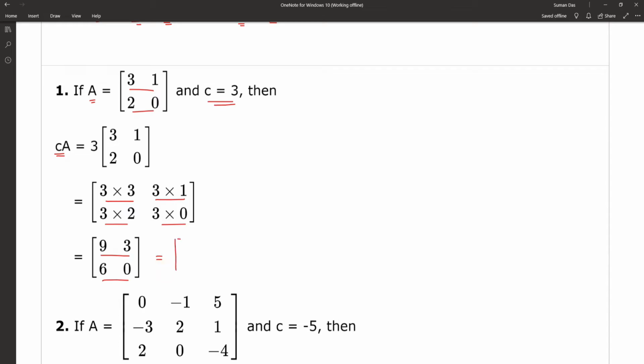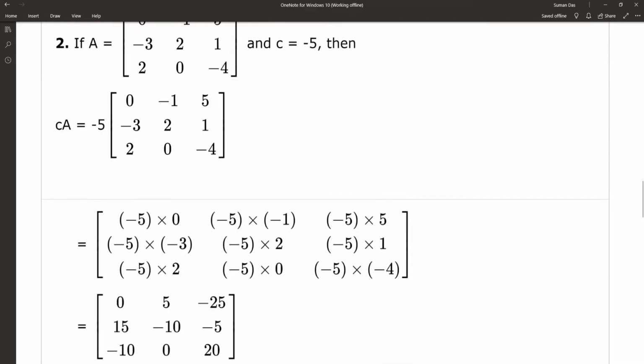Now, once again, we can write that one as 3 cross 3, 1 cross 3, 2 cross 3, and 0 cross 3. So, once again, we can write it as [3 1; 2 0] into 3, as we know that CA is also AC.